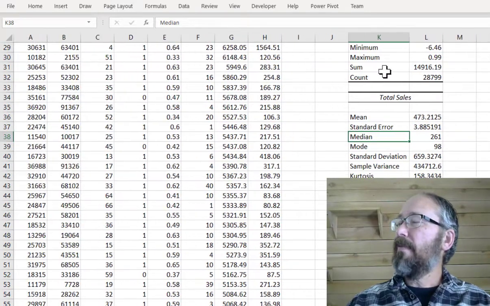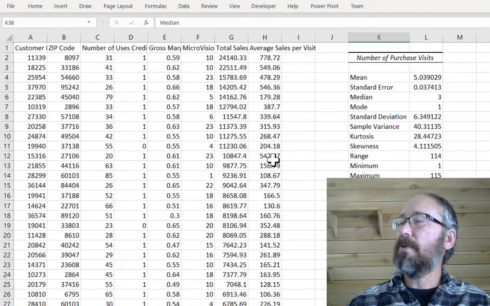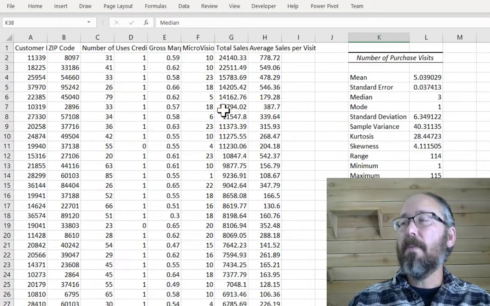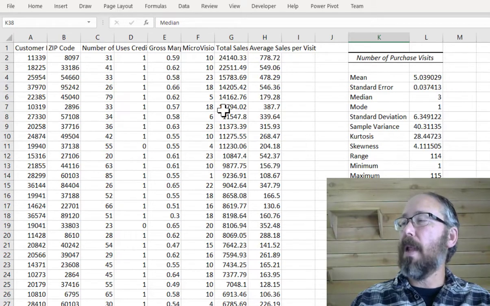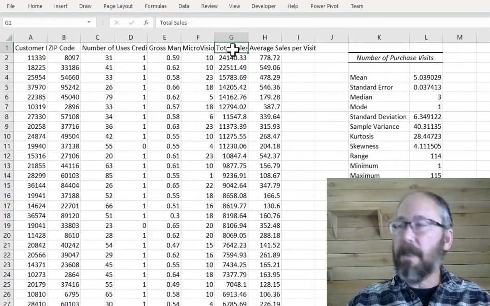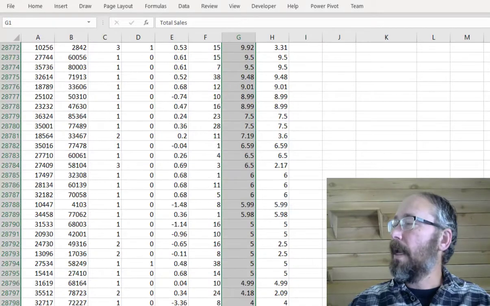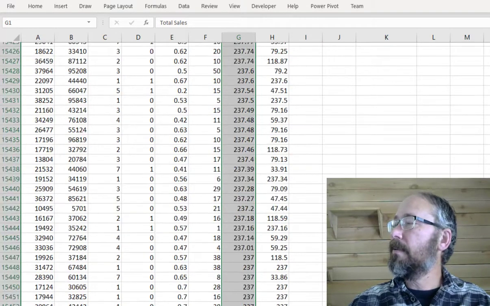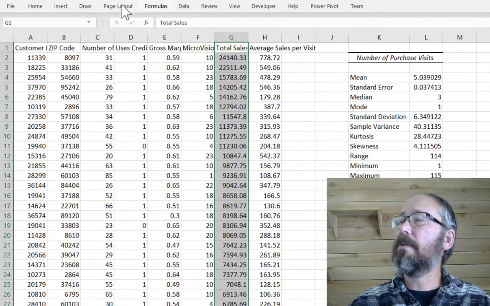So we've talked in a previous video about how to segment the data using the advanced filter. But let's use the box plot to take a look at total sales by credit card usage. So what we're going to do is insert a box plot with our total sales.